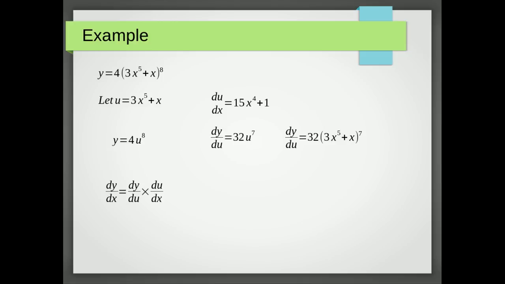Now, going back to the theory we had before, we've got dy dx equals dy du multiplied by du dx. Well, that means we're going to get dy dx equals dy du followed by du dx. And that's all there is to it, and we do that over and over again.